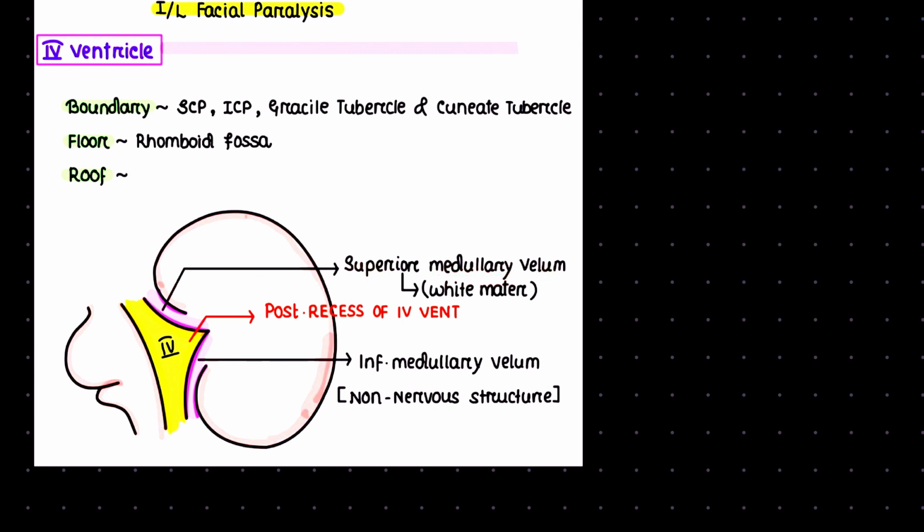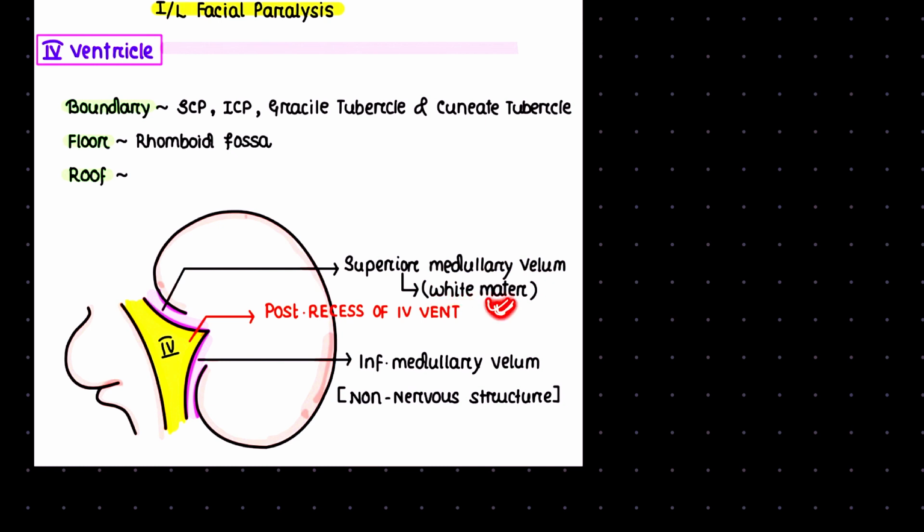Talking about the inferior medullary velum, it is present just behind the medulla oblongata only. Talking about these two, the superior medullary velum is related to the nervous system, it is the collection of axons, that is, white matter.